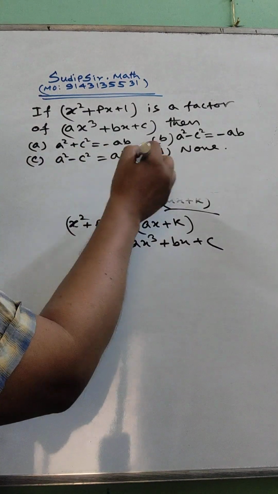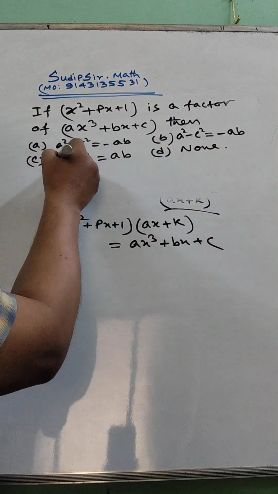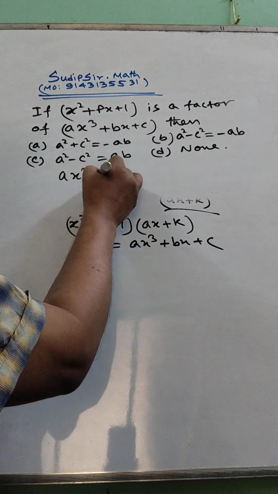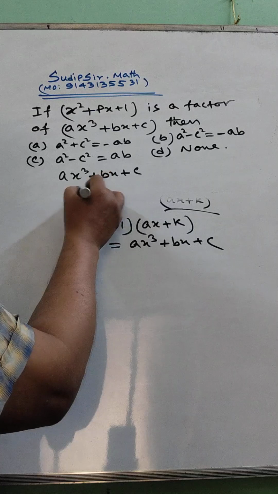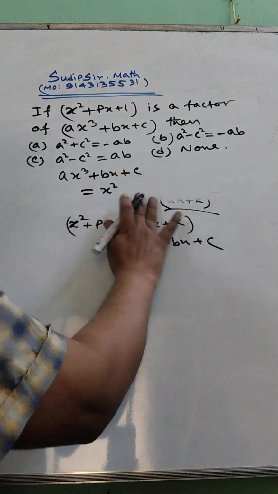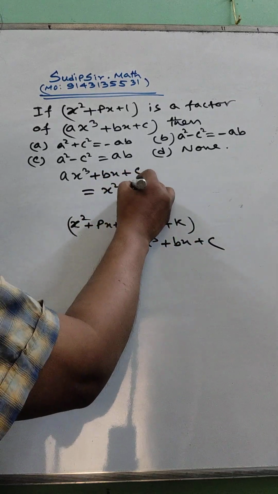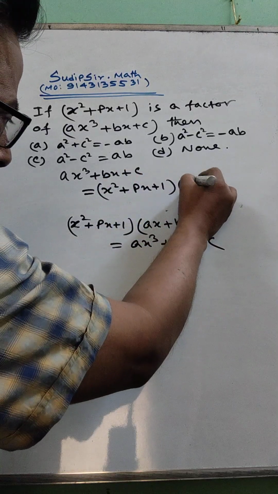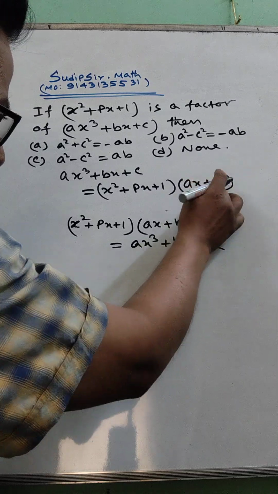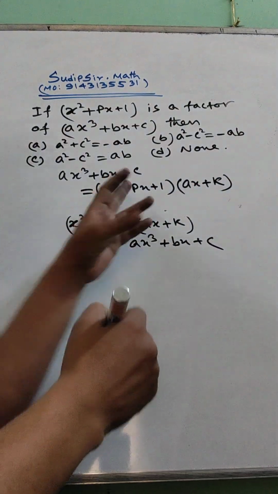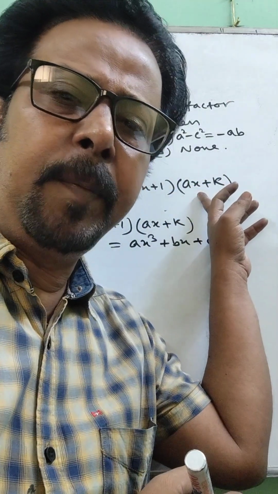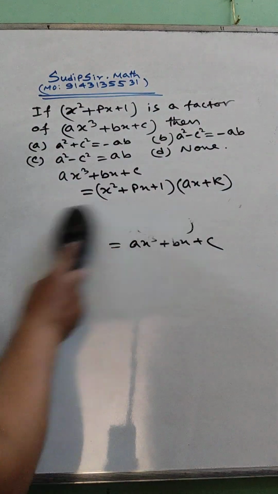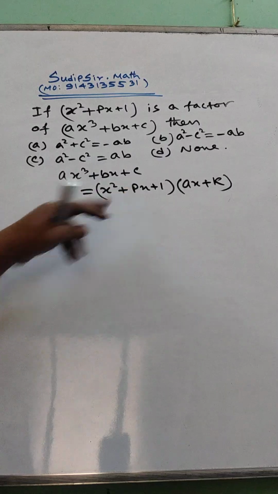The identity is like this: ax cube plus bx plus c equals x square plus px plus 1 into ax plus k. This is a factor, and this will be the other factor, fully divisible, no remainder.